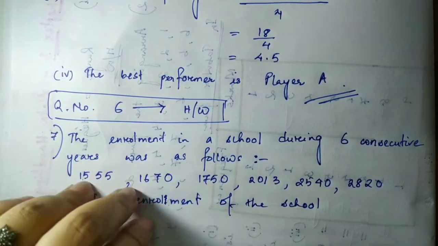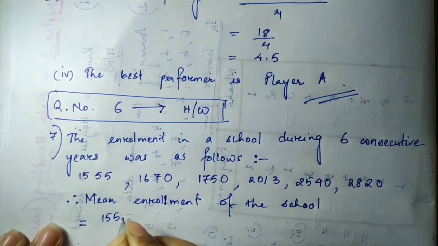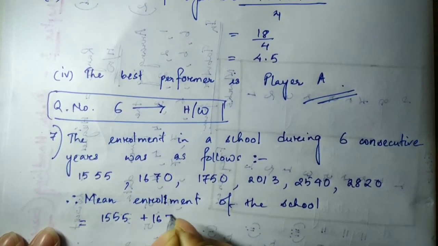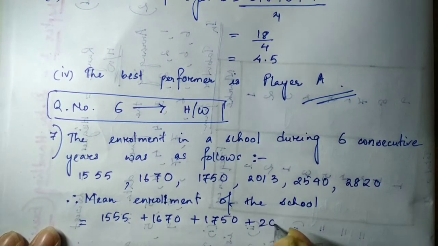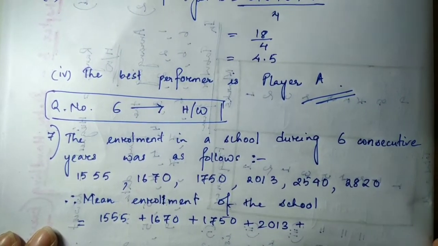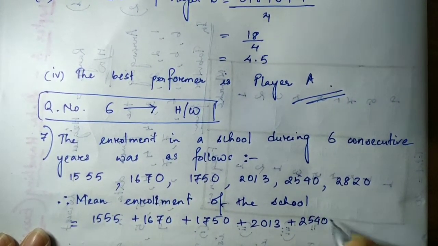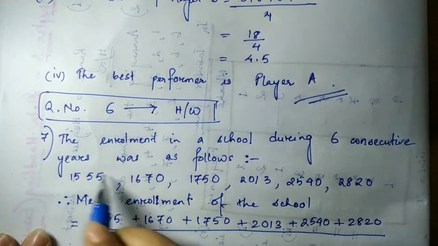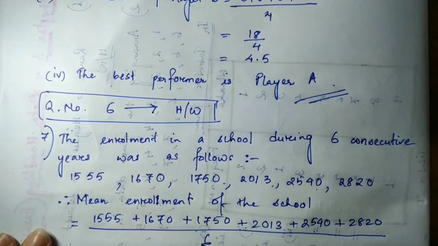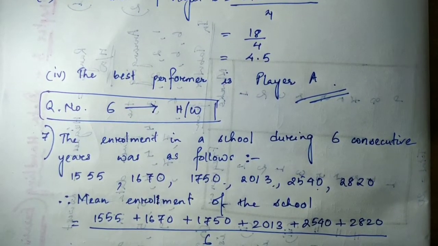Let's add all of these numbers: 1555 plus 1670 plus 1750 plus 2013 plus 2540. Please be very careful with the addition part. Divided by, see, 1, 2, 3, 4, 5 and 6. So divided by 6.